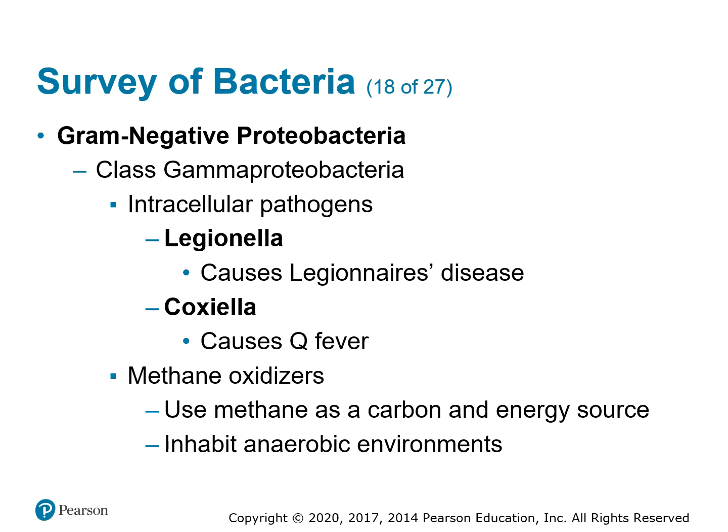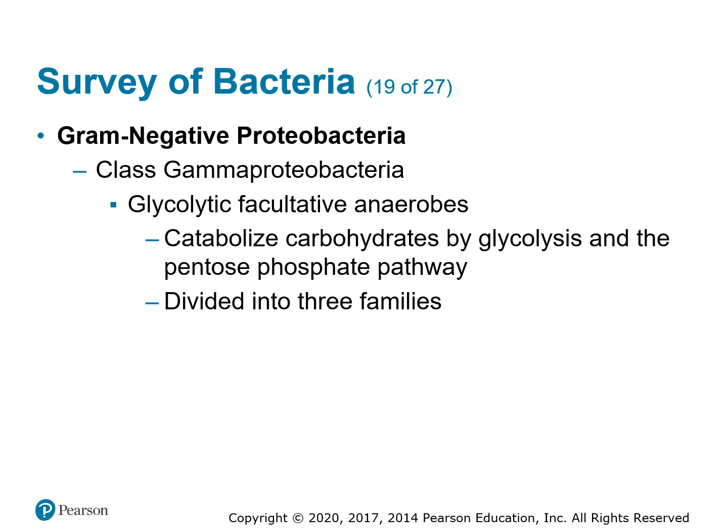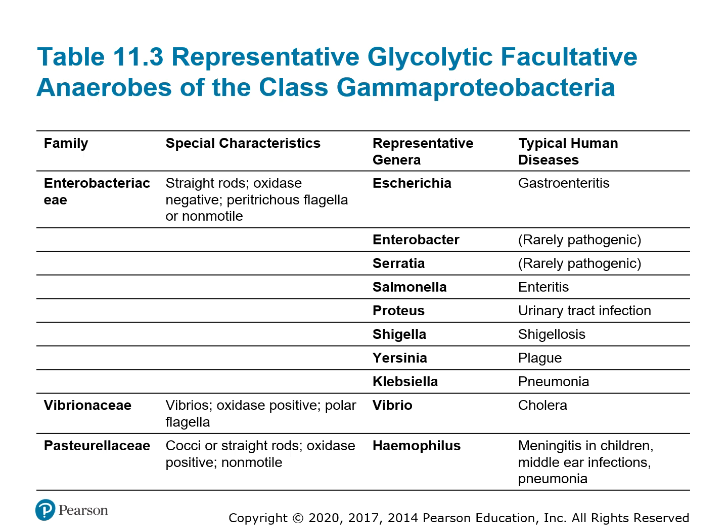Methane oxidizers, these use methane as a carbon and energy source, and they inhabit anaerobic environments. The glycolytic facultative anaerobes, these catabolize carbohydrates by glycolysis and the pentose phosphate pathway, and we divide this into three families. So these are the three families of the glycolytic facultative anaerobes of the class Gamma proteobacteria.